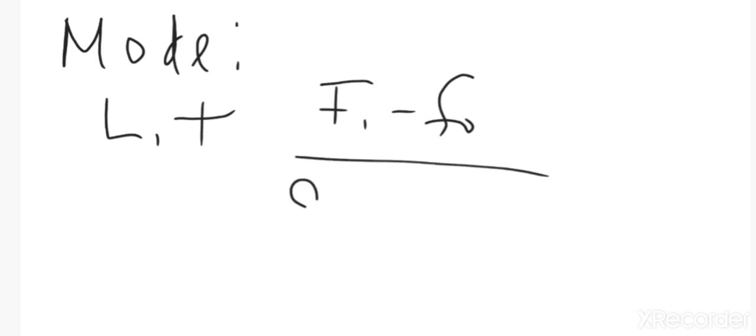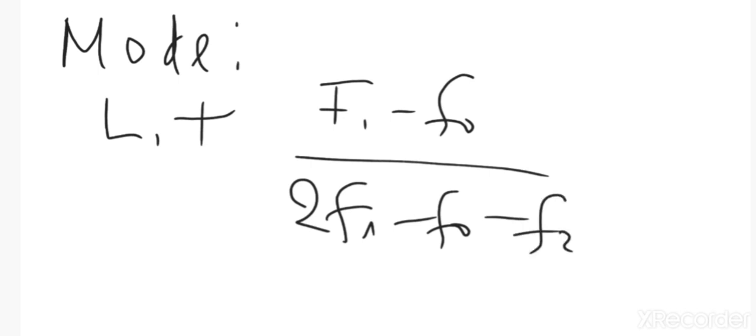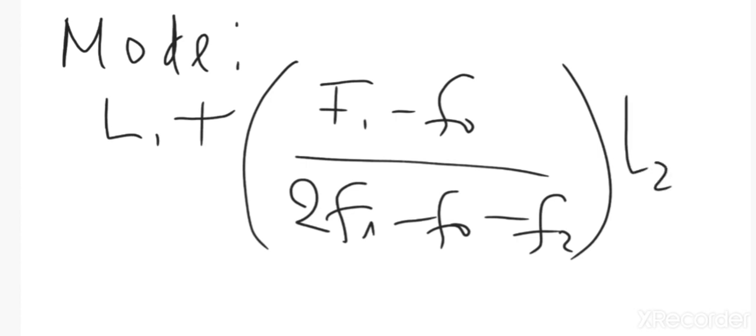Starting from mode, the formula of calculating mode is L1, which is the lower class limit, plus F1 minus F0, then divided by 2 F1 minus F0 minus F2, then in bracket L2 minus L1.